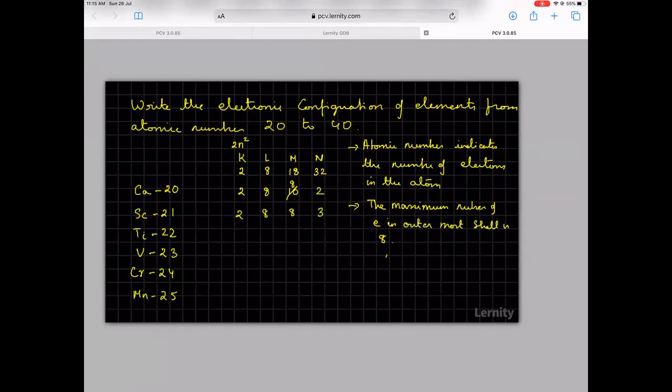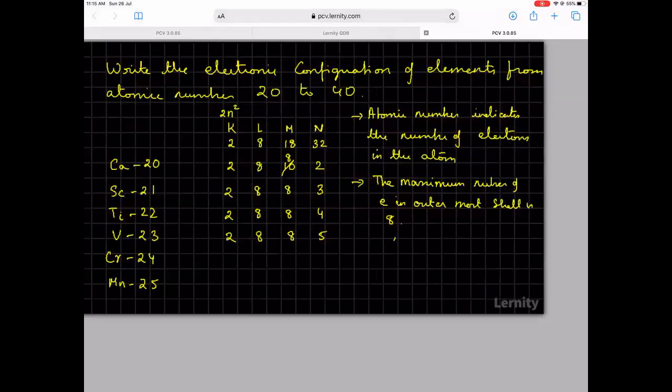Then in titanium, again you will have 2 here, 8 here, 8 here, and then 4 here. Then vanadium, 2, 8, 8, and then it can become 5. Then chromium, 2, 8, 8, 6. Then manganese, 2, 8, 8, 7.